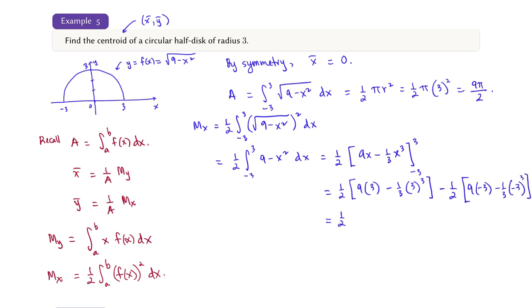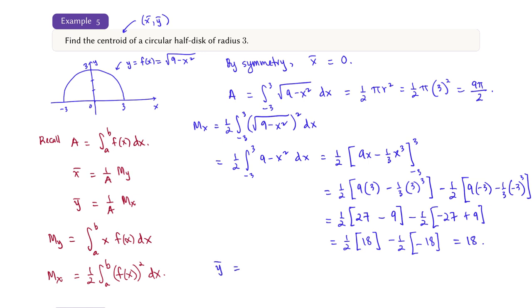This is 1/2 of 27 minus 3 cubed, which is 27 divided by 3, which is 9. And then minus -27 plus 9. Negative times negative is a plus. And so this is 1/2 of 18 minus 1/2 of -18. And so that is 1/2 of 18 plus 1/2 of 18, which is 18.